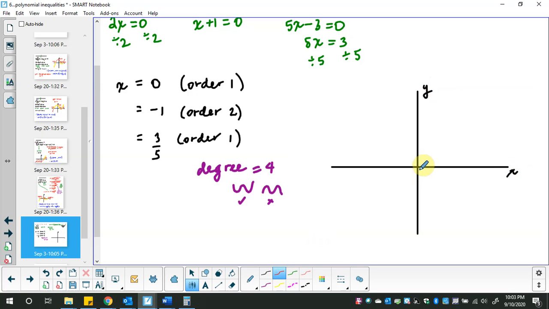So first of all, dots. So 0, 0. Negative 1, 0. 3 over 5, 0. And yeah, you're allowed to write 0.6 if you want to. I don't know why you would. Oh, double root.